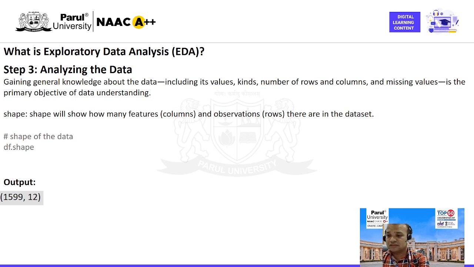So we want the shape of the data, and we use df.shape. Then you will get the answer 1599, 12. That means rows, that is observations, are 1599, and columns, that is features, are 12.